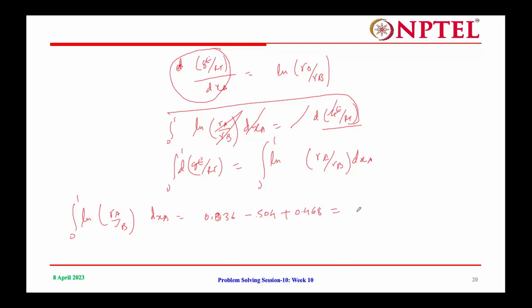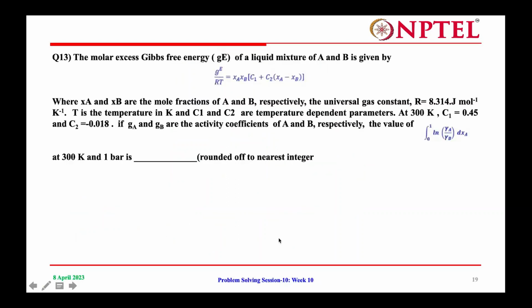It's 0. So the value of the integration from 0 to 1 of ln(gamma A divided by gamma B) dx equals 0. Is all of that clear or not?